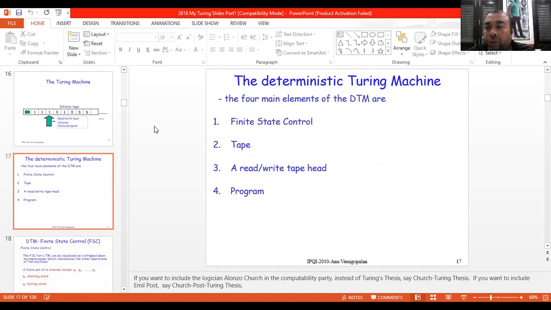There are also two types of Turing machine, as in the case of NFA and DFA: deterministic Turing machine and non-deterministic Turing machine. Please remember that the computation power of a deterministic Turing machine is equivalent to the computation power of a non-deterministic Turing machine, just like in the case of NFA and DFA.